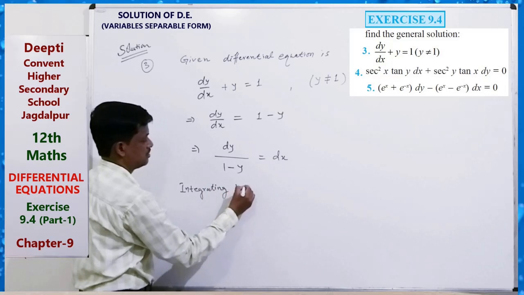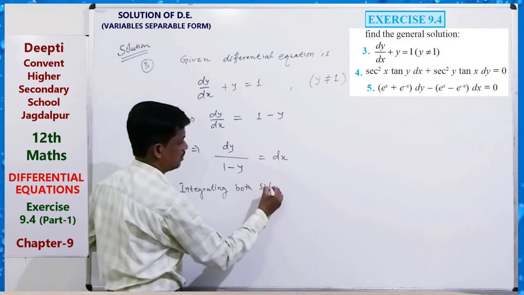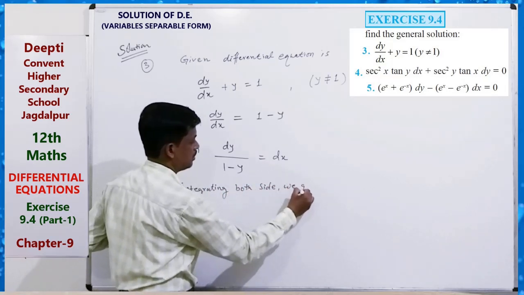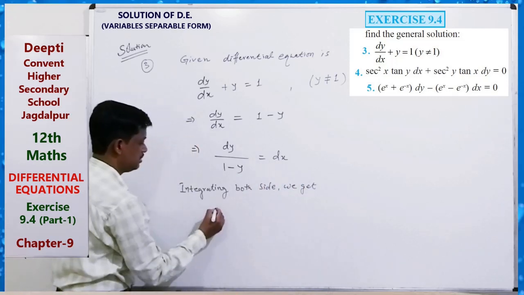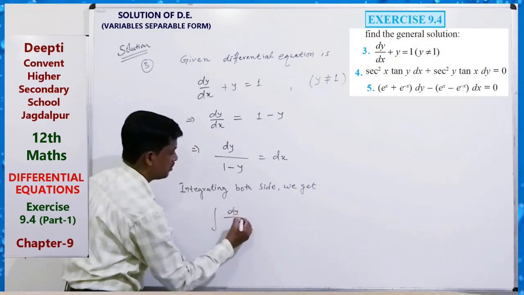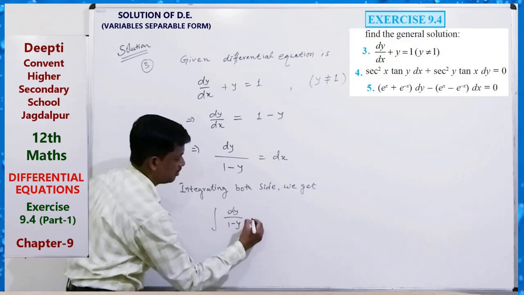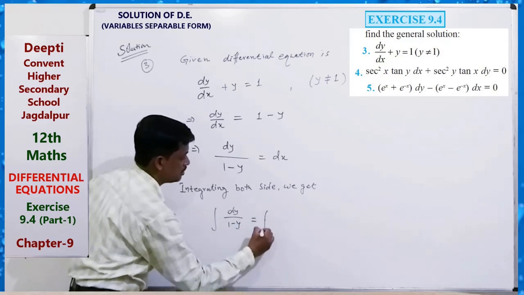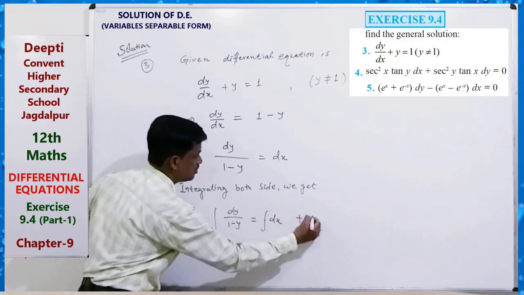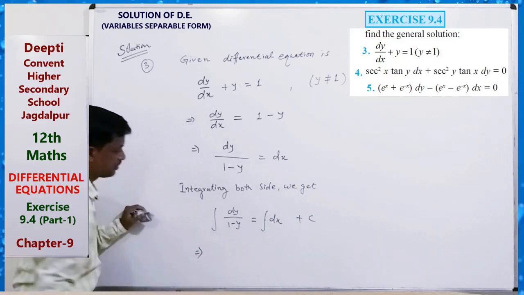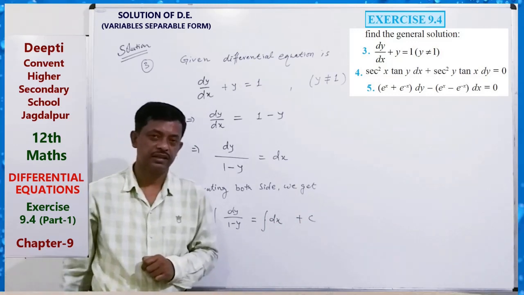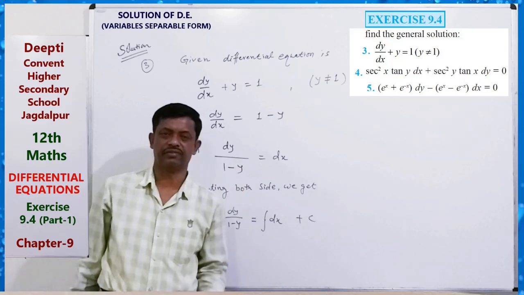Integrating both sides, we get the integration of dy upon 1 minus y equals the integration of dx plus a constant. Now here, 1 upon 1 minus y is 1 upon a linear factor.